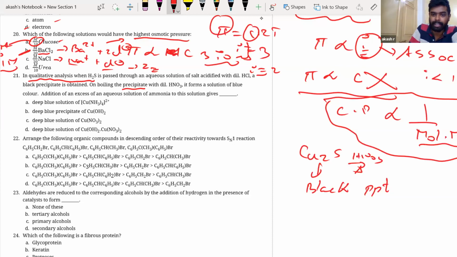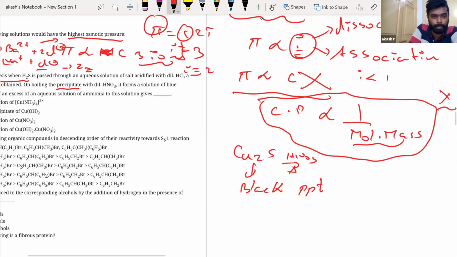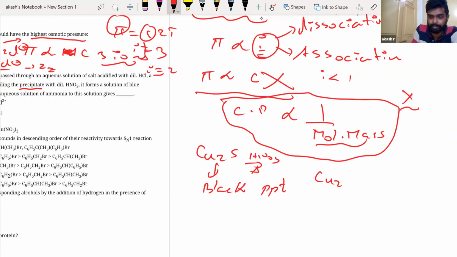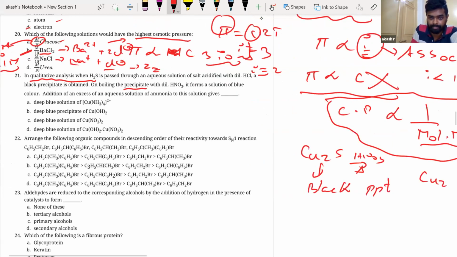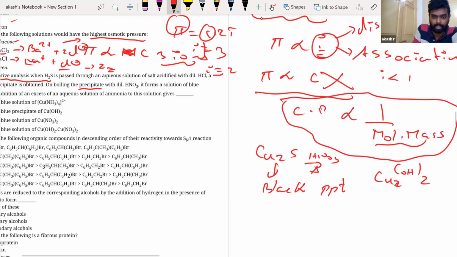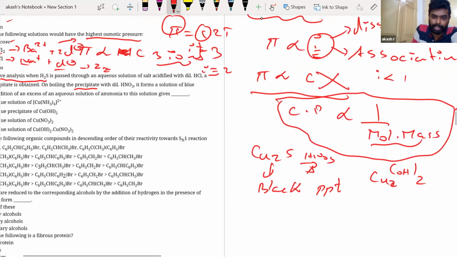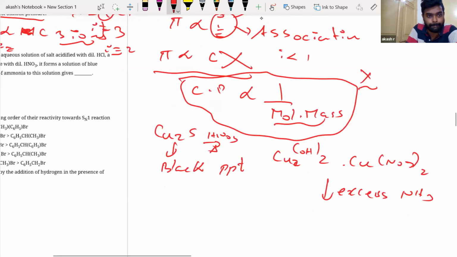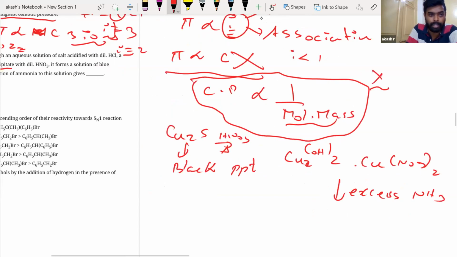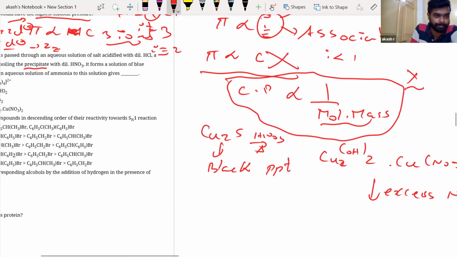Say, if I boil this with Cu2S, I think I am going to form this particular compound, Cu(OH)2 with Cu(NO3)2. Now, if I add excess ammonia to this, so I am just going for my predictions, if I go for excess ammonia, I think the answer should be A.